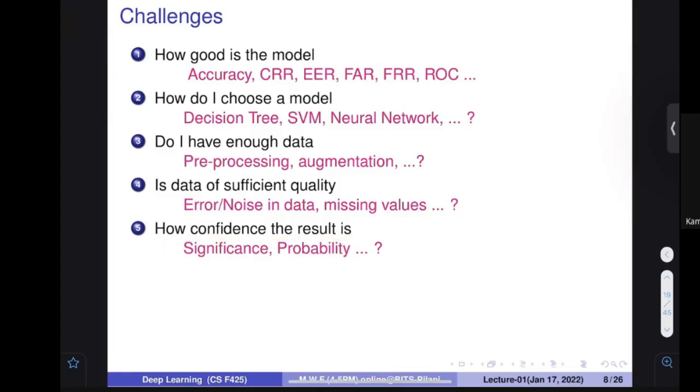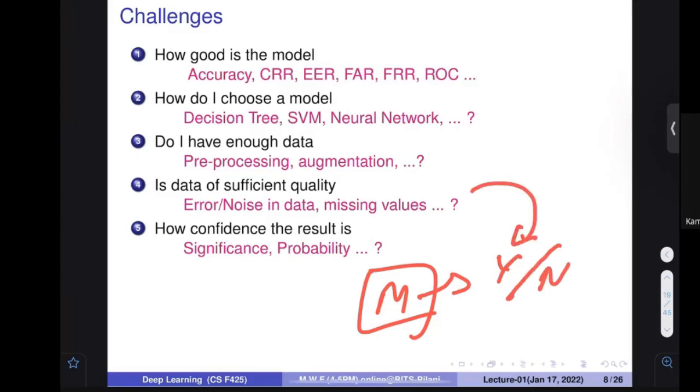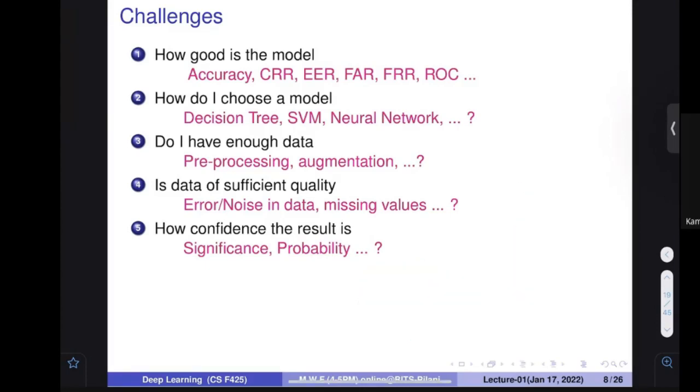For example, my model is going to give me a yes or no kind of answer. If it gives me yes, should I utilize this or not? Sometimes the system is going to say go ahead with this particular thing. But if I see the probability is 0.51, should I go ahead?